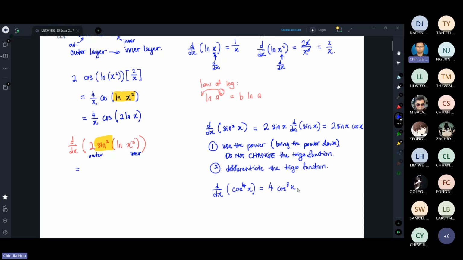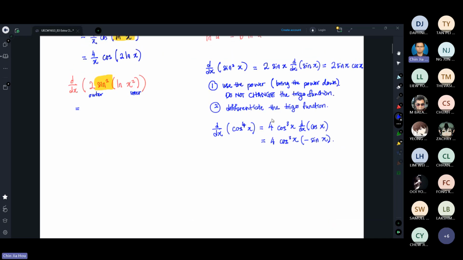Notice that the cos was not changed into sine yet, right? Because later on we need to differentiate the cos. Just the cos itself, not the cos to the power of 3, just the cos itself. And then we get 4 cos cube x times minus sine x. Okay.